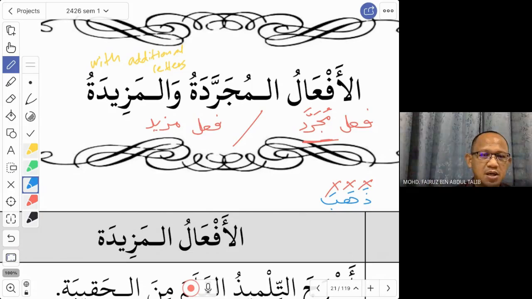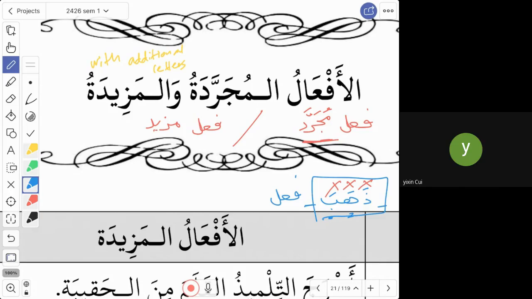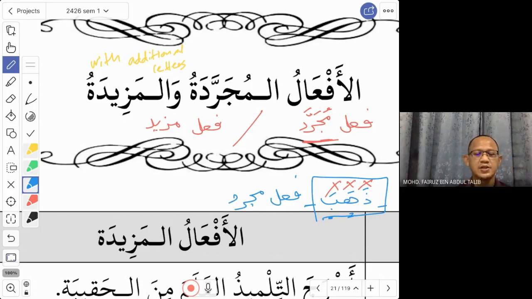It's not zahaba anymore. If you remove this ha, zaba is not a word. If you remove the ba, this is also not the root word. So the root word is zahaba. And do you see any additional letter in the middle or in the beginning? No. So since there are no additional letters, we call this fi'l mujarrad. Okay, so this is the idea of fi'l mujarrad.